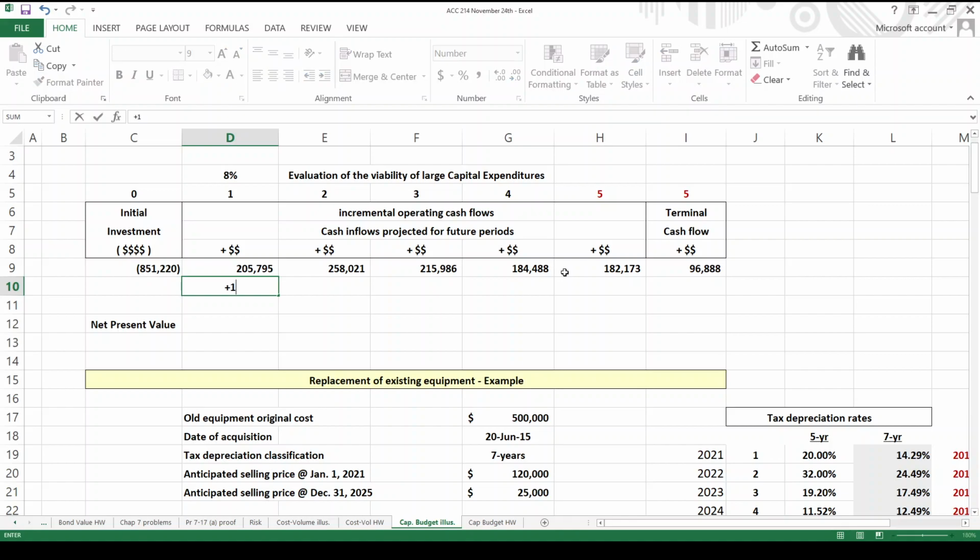1 divided by 1 plus whatever's in cell D4, and I don't want it to change when I go across the page, so I'll go with $D4, yeah?